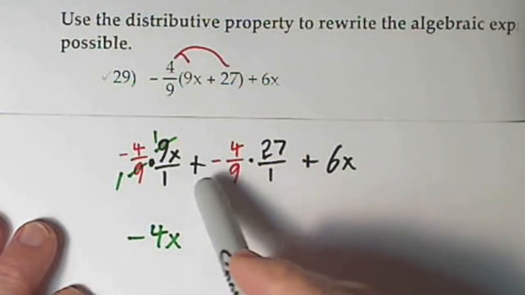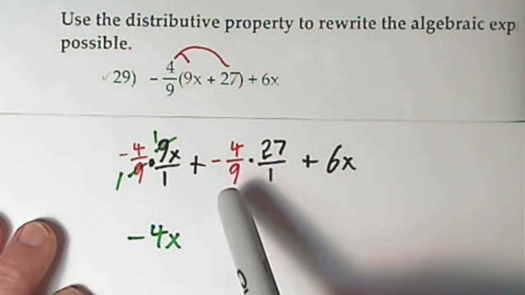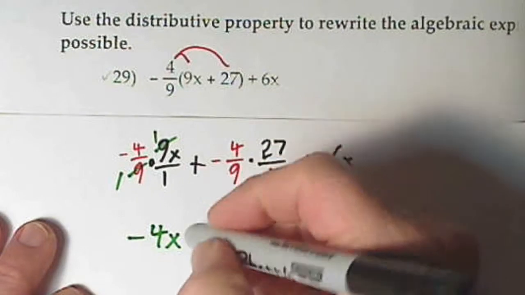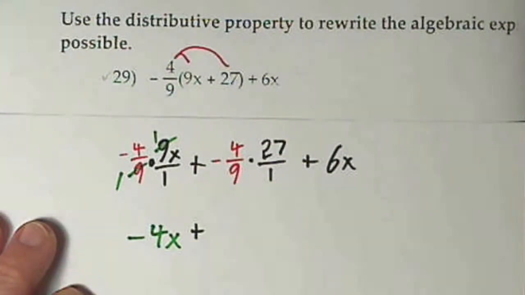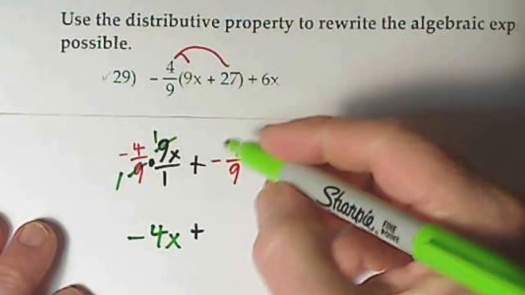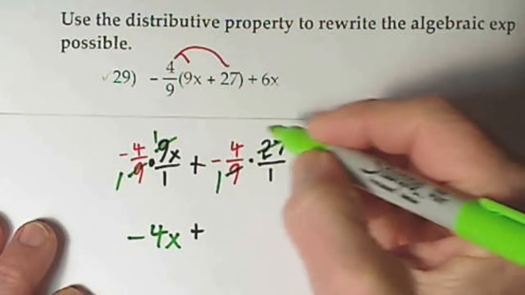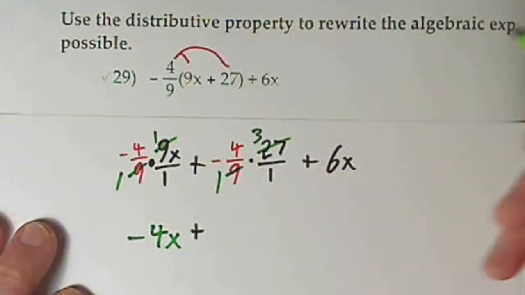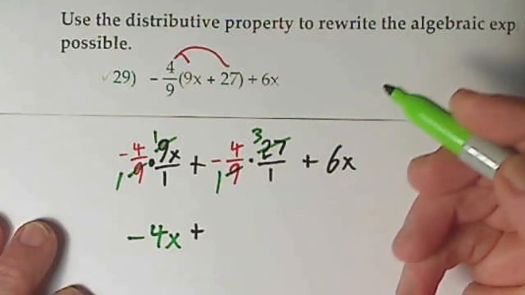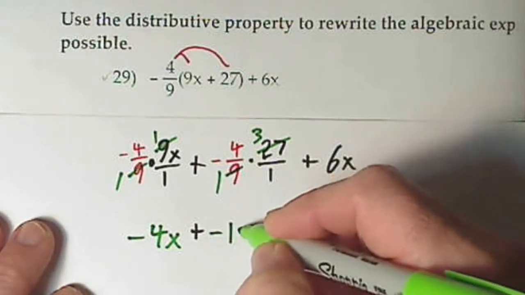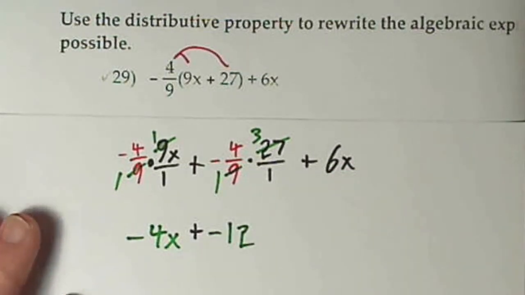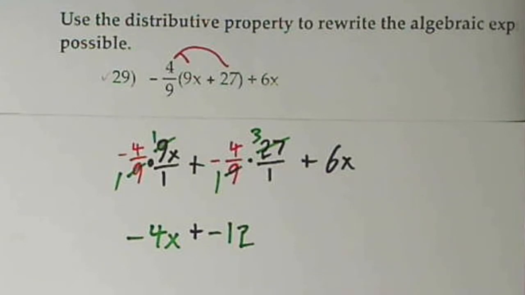Then I'll bring down the plus sign. Now we have 9 goes into 9 once, 9 goes into 27 3 times. -4 times 3 is -12. And we just bring down our plus 6x.